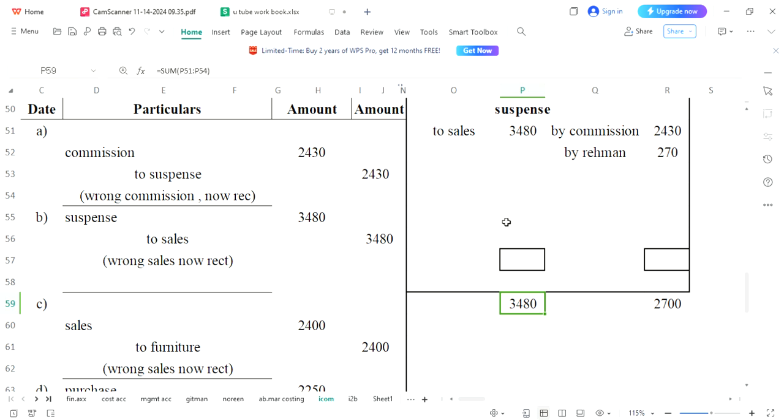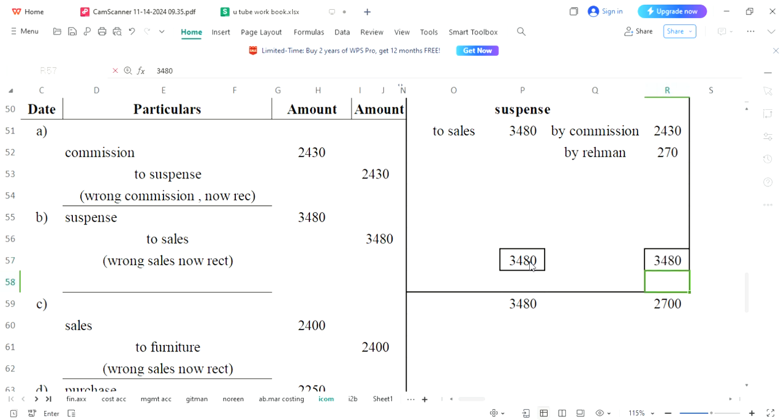So we have got little help. So first step, total of both sides 3480, 3480, and total of these two amount is 2700. Second step is to choose larger amount. So larger amount is 3480. You write 3480 over here and 3480 over here.